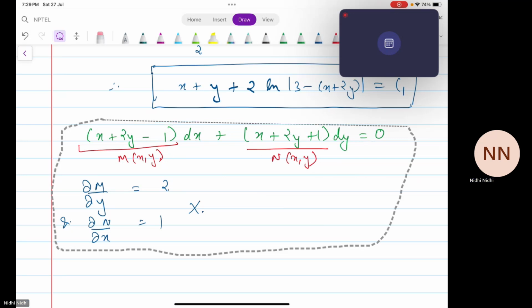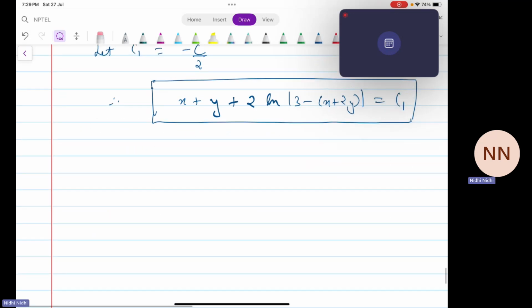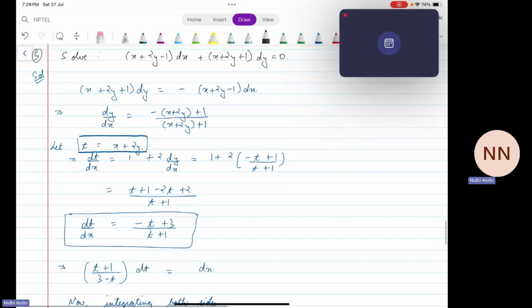Okay. So let's not think about that. We'll solve some problems of exact equations further. So this problem was mainly solved by taking the substitution. The main important substitution was this one.